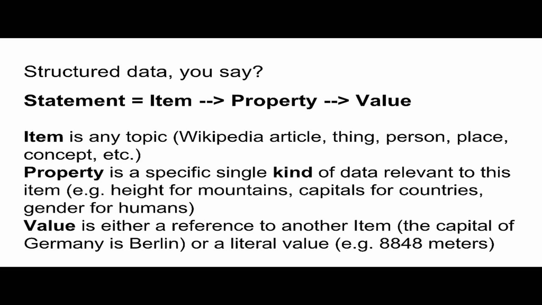So the field names, or the categories, are the properties. So name, language, occupation, date of birth, these are all properties. And the values are the actual piece of data, the actual information that we have. And of course, different kinds of data are relevant for describing different kinds of items.